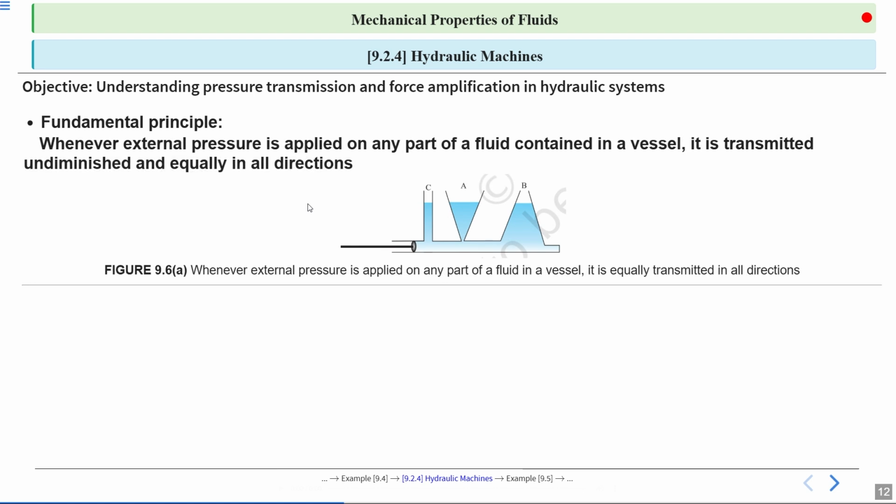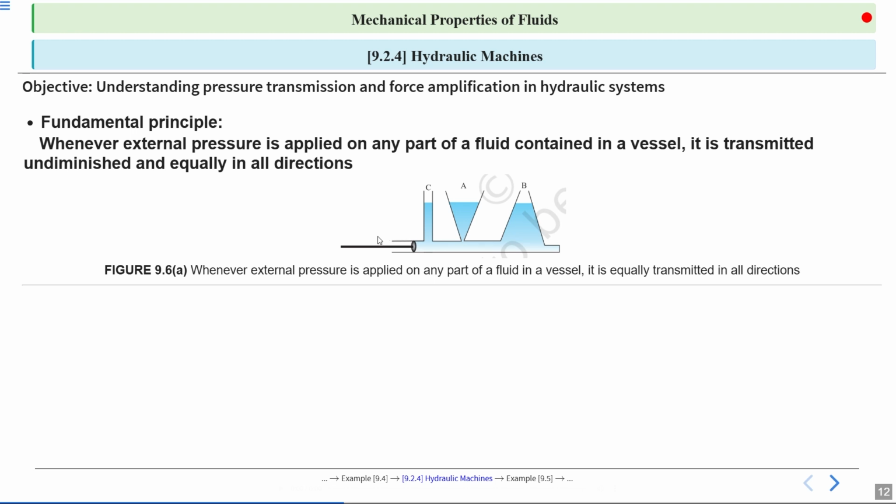So here we have an illustration to help visualize this principle. Alright. So whenever external pressure is applied on any part of a fluid contained in a vessel, it is transmitted undiminished and equally in all directions. I think this is clear. So notice how the external pressure applied to the fluid is transmitted in all directions within the vessel.